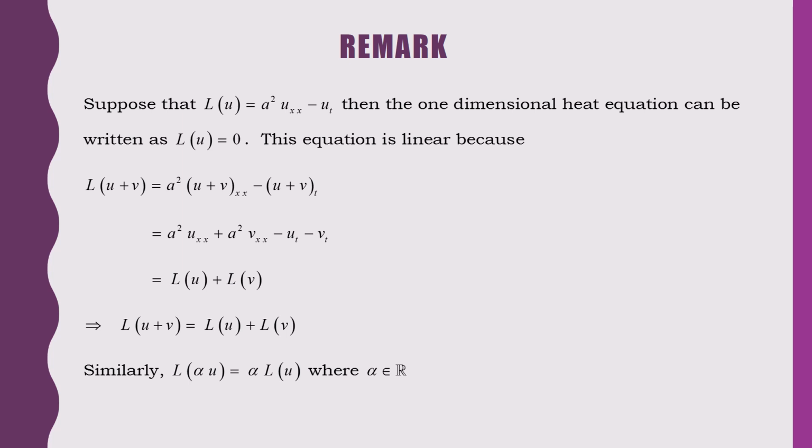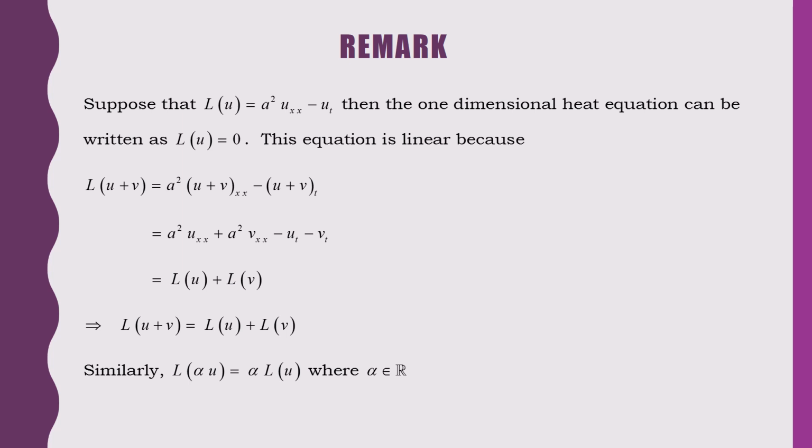Now let's find L(u + v). L(u + v) = a² (u + v)_xx − (u + v)_t. (u + v)_xx = ∂²/∂x² of (u + v), and (u + v)_t = ∂/∂t of (u + v).